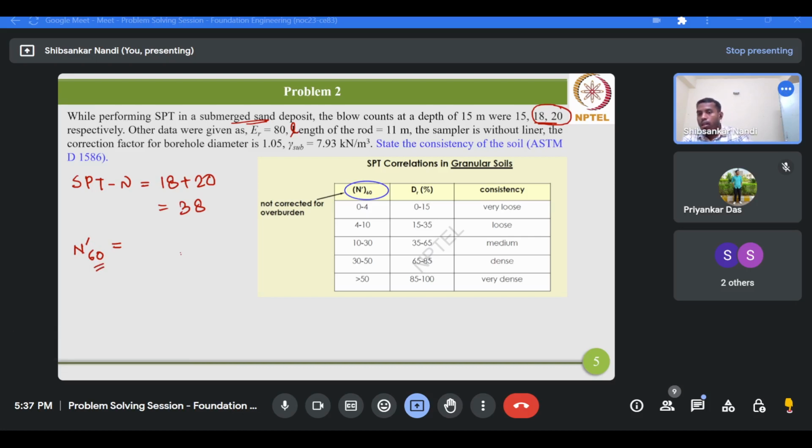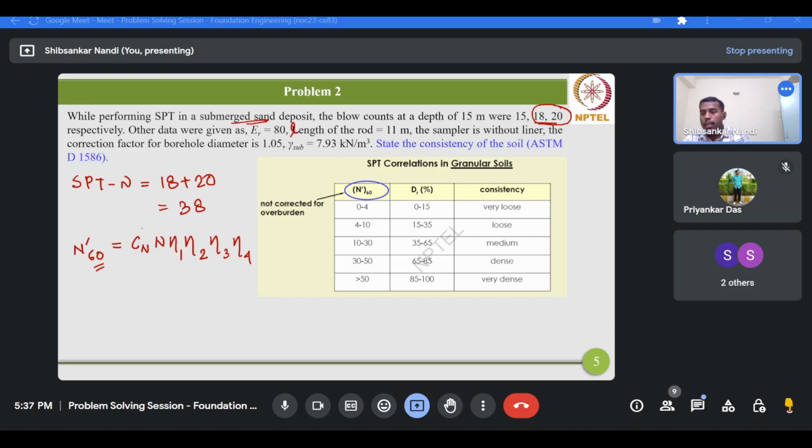Now what are those corrections? First of all, the overburden correction, then the measured SPT value, then there are 4 more correction factors, eta 1, eta 2, eta 3 and eta 4. Please remember that these corrections are in accordance with ASTM D1586.